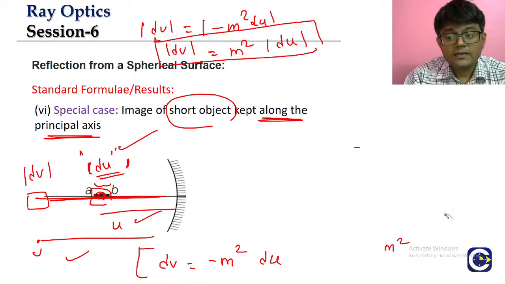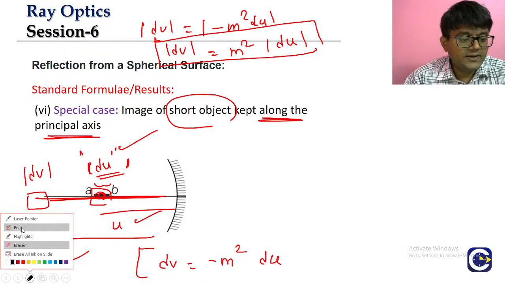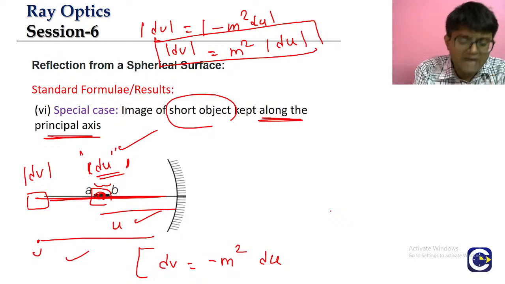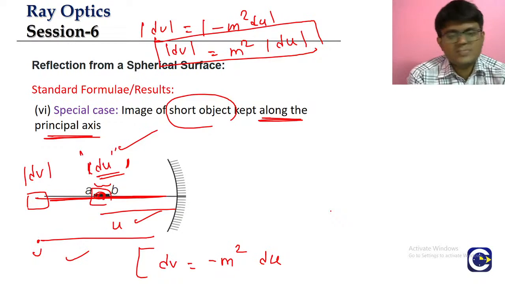Is it practically possible? No, because our objects will always have some considerable spread. They will not have a spread of du.